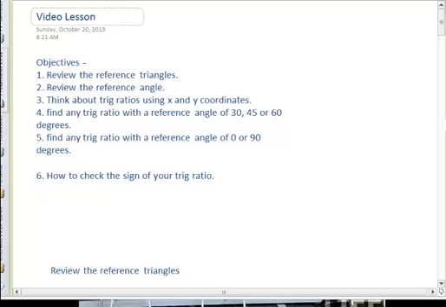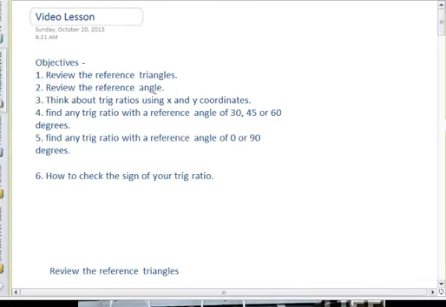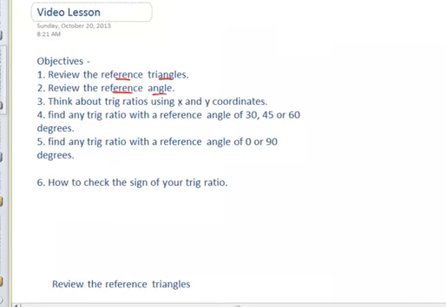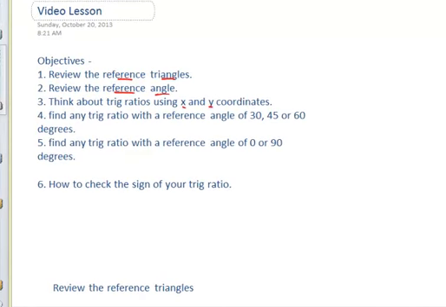We're going to go through all the objectives. We're going to review the reference triangles and the reference angle, just to make sure we're all on the same page. We're going to talk about trig ratios using x and y coordinates around the unit circle, and find the trig ratios for reference angles of 30, 45, and 60.